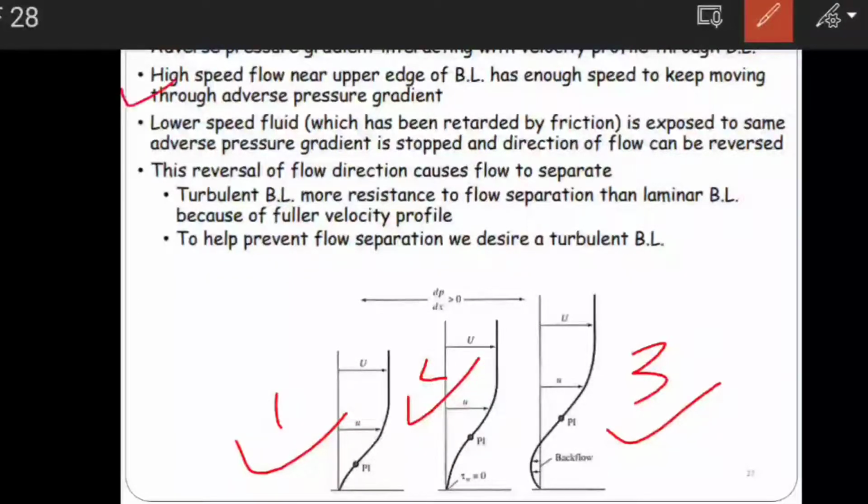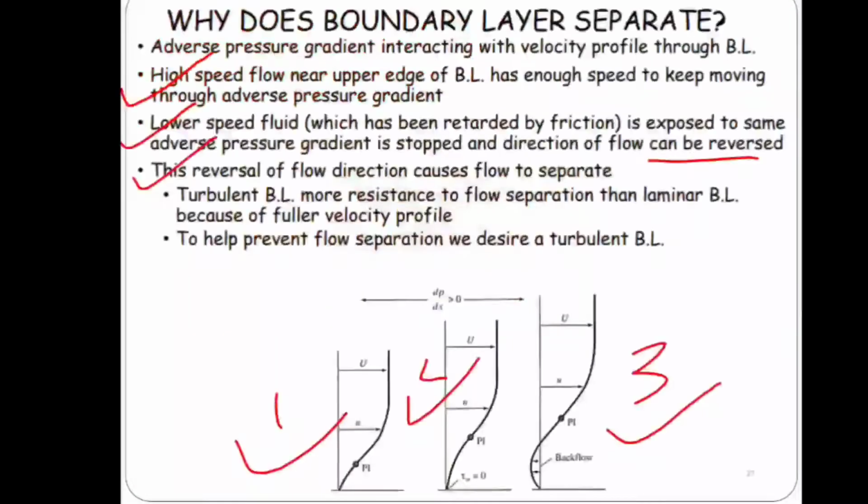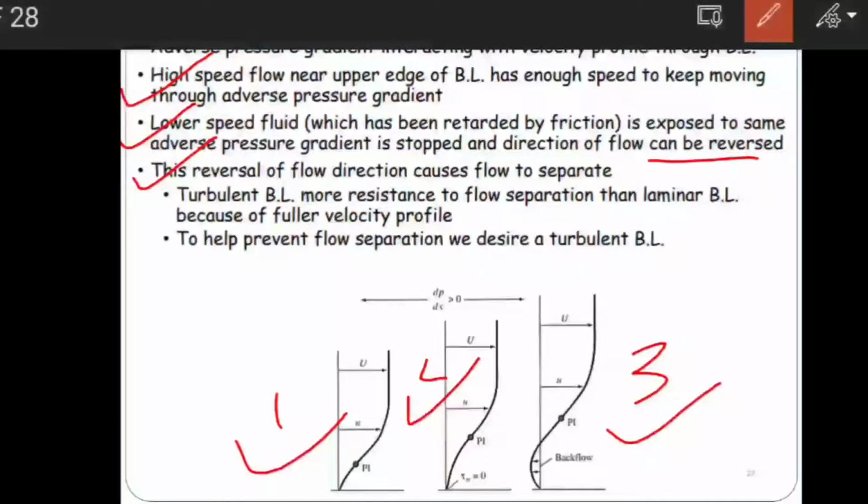High speed flow near the upper edge of the boundary layer has enough speed to keep moving through the adverse pressure gradient, while lower speed fluid exposed to the same adverse pressure gradient is stopped and the direction of flow can be reversed. Because of that, reversal of flow takes place, and this reversal of the flow direction causes the flow to separate.